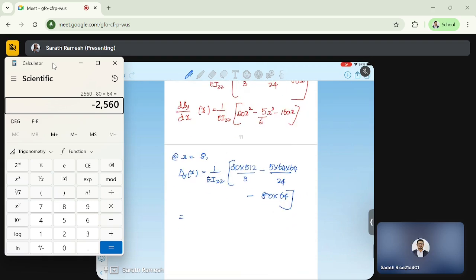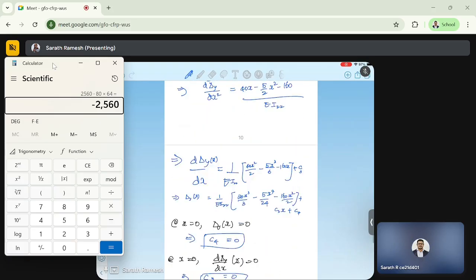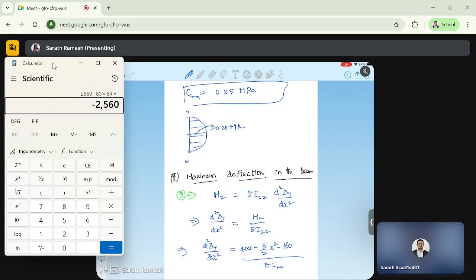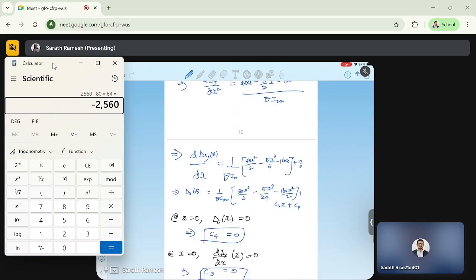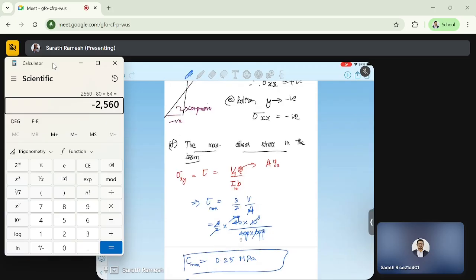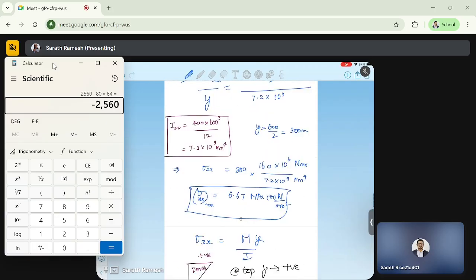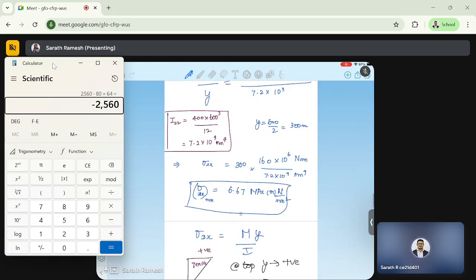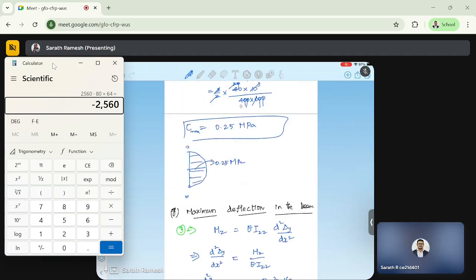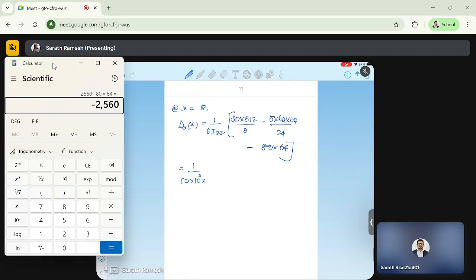I'm getting 1 by E, where E is 10 gigapascal, and I is 7.2 into 10 power 9.